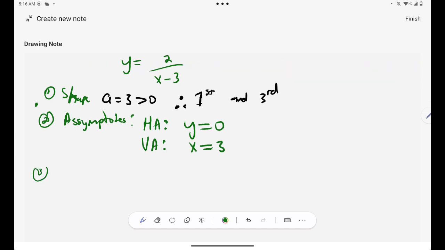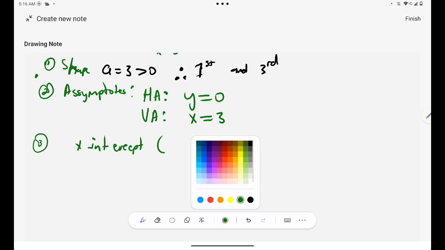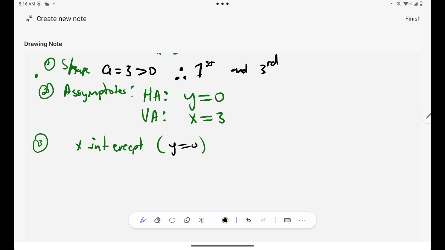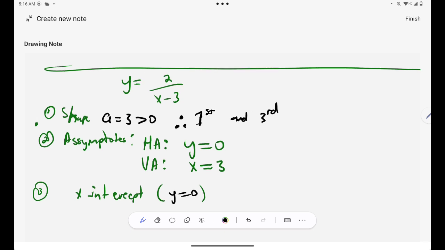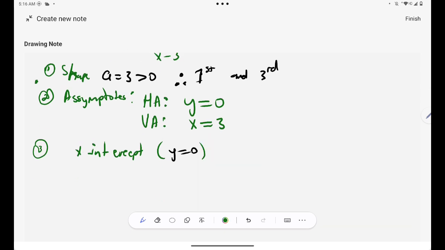And then number 3, for x and y intercepts. For x intercepts, I don't care what kind of a graph we are dealing with, but always make y to be 0, solve for x. Are you together? In this case, we won't have an x-intercept.